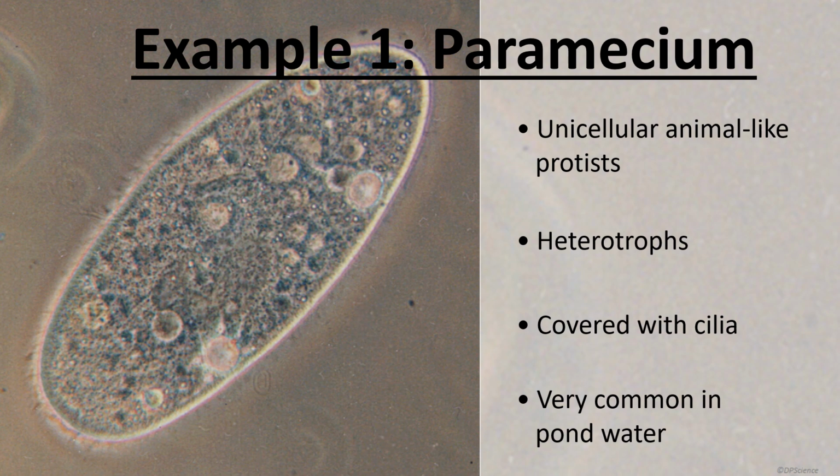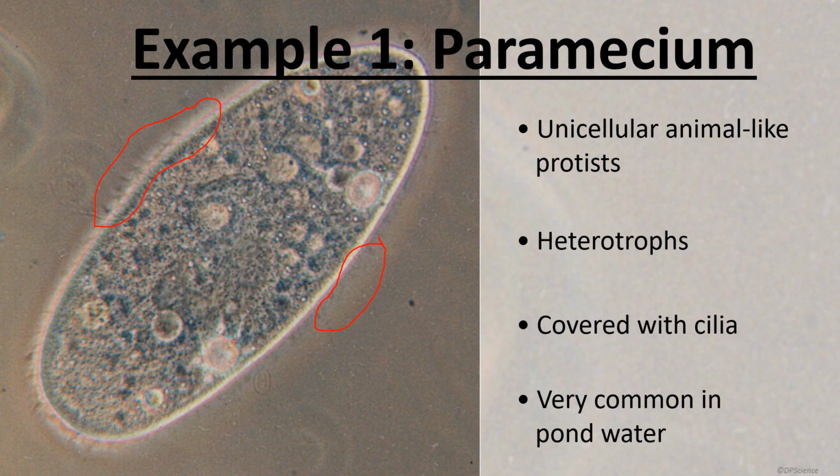Paramecium are unicellular, which means their whole body is made up of one cell. They are heterotrophs. They are covered with cilia, and if you look really close right here on the edge of this Paramecium, you can see the little hairs or shadows of what look like little hairs.